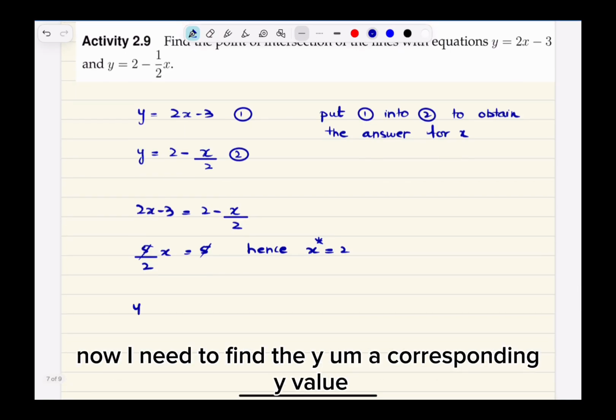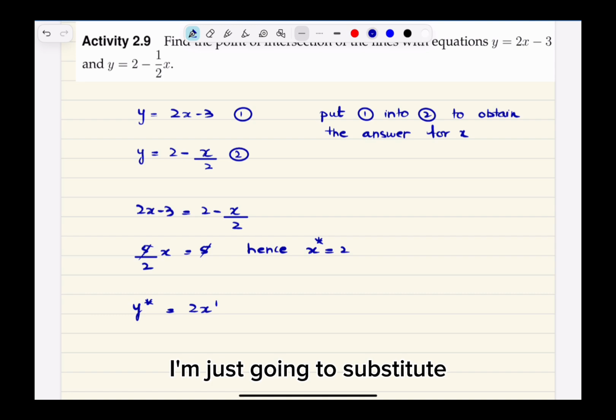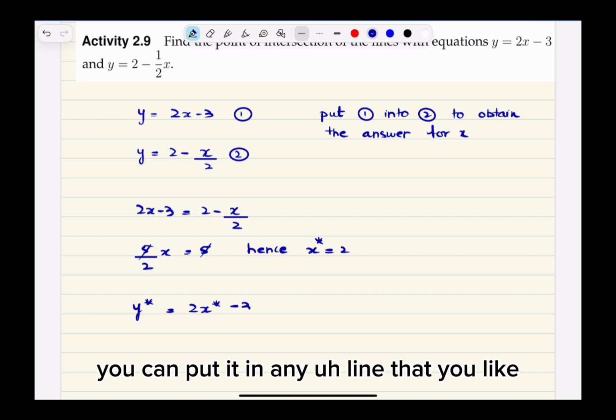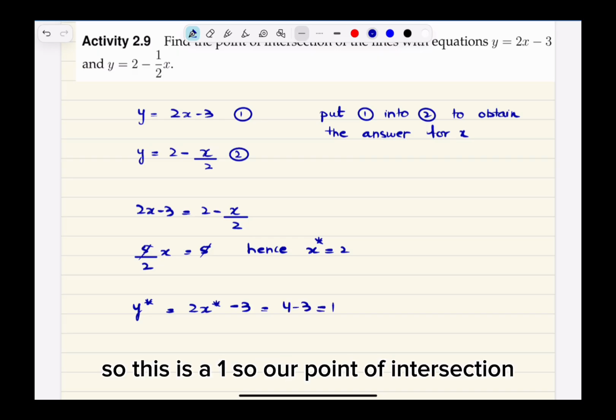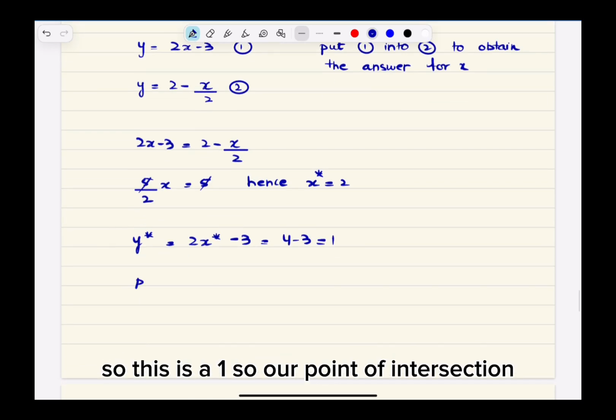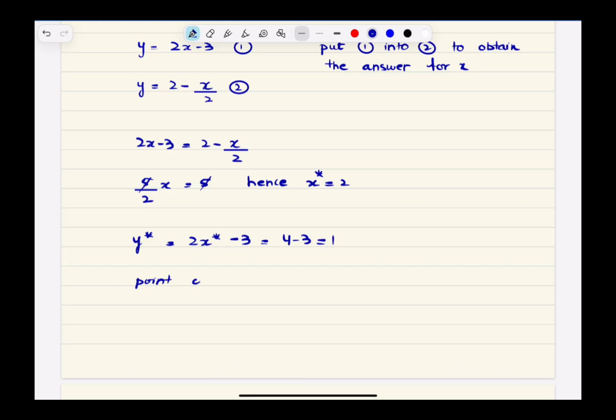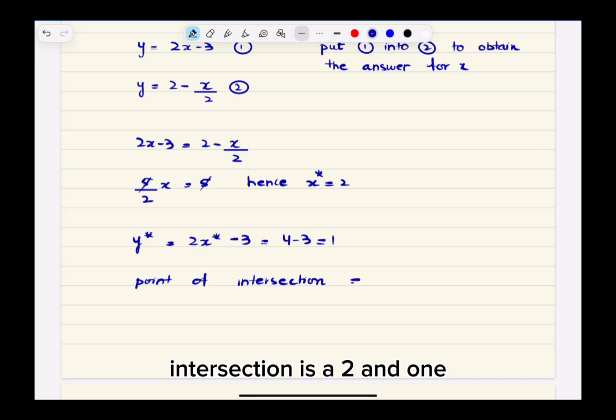Now I need to find the corresponding y value. I'm just going to substitute. Since it's a point of intersection, you can put it in any line that you like. So I'll get 4 minus 3, so this is 1. So our point of intersection is (2, 1).